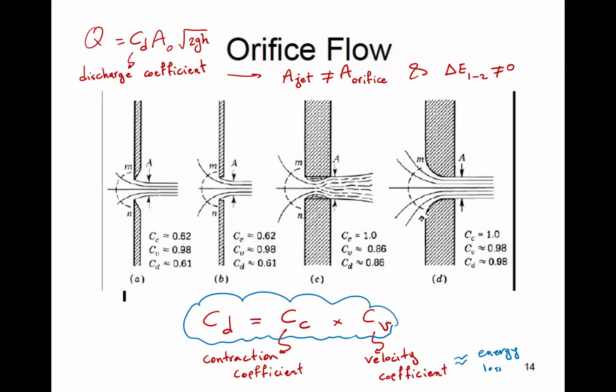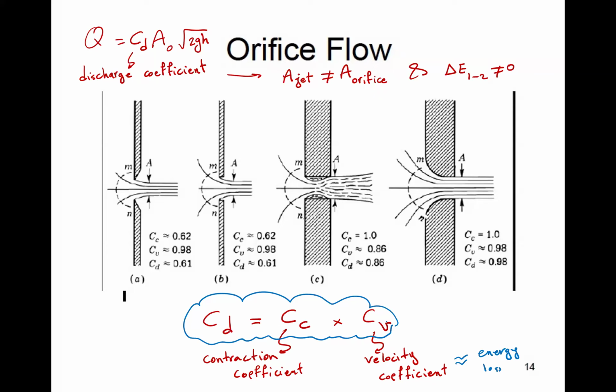As the edge becomes more streamlined and closer to what the fluid particles and the streamlines are actually going to do, the contraction coefficient goes up to 1. So the second, the third, and the fourth one have a C sub C of 1. So the area of the jet is the same as the area of the orifice.